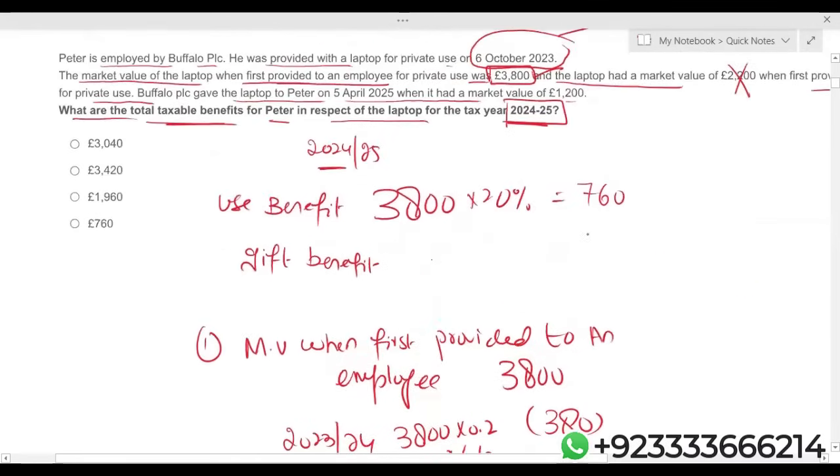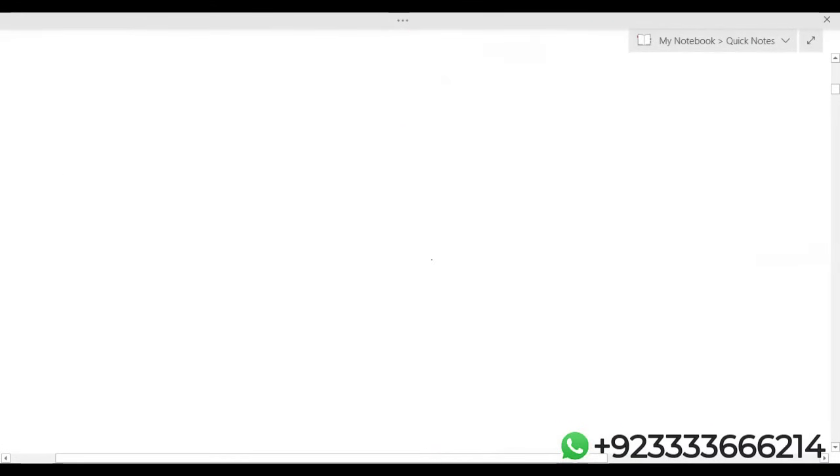It means in the tax year 2024-25, your total taxable benefit is 760 plus 2,660. It becomes 3,420. So the taxable benefit in the tax year 24-25 relating to this laptop is 3,420.